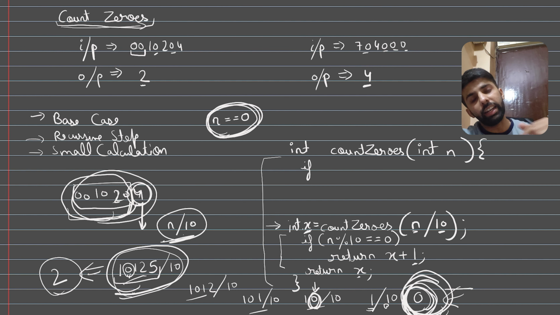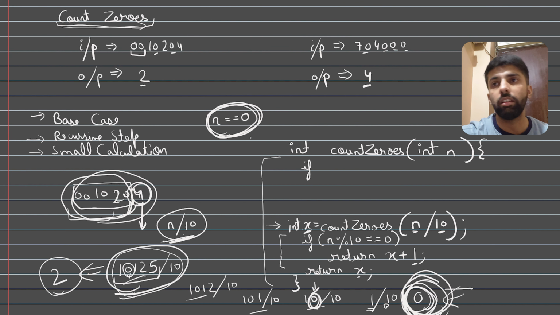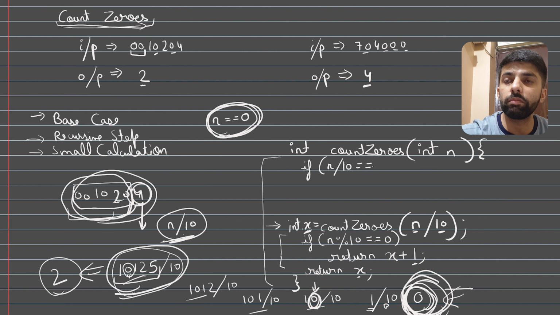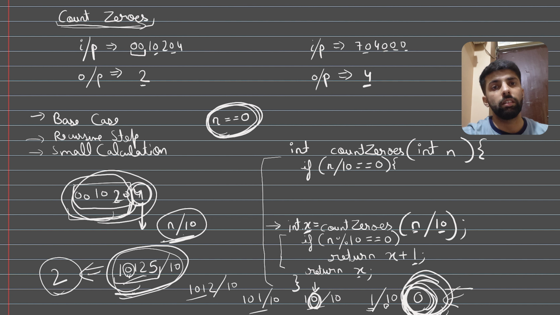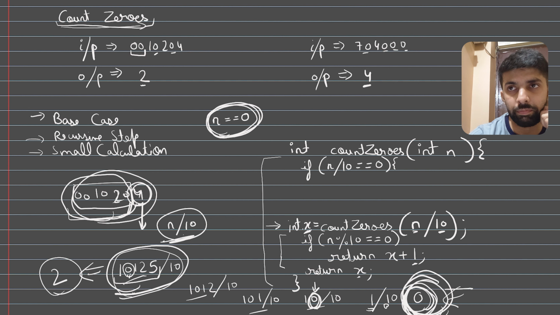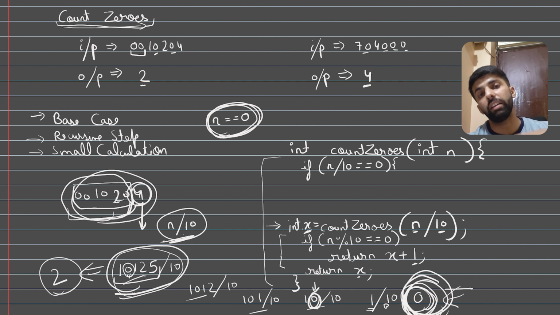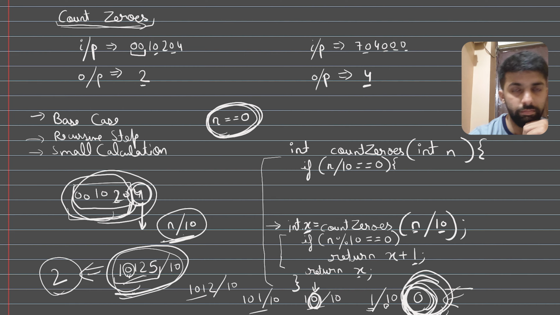So instead of going till 0, I will check if n divided by 10 is equal to 0. That means I'm checking one case in advance. I'm checking if I divide this number, if this is the last digit, right?